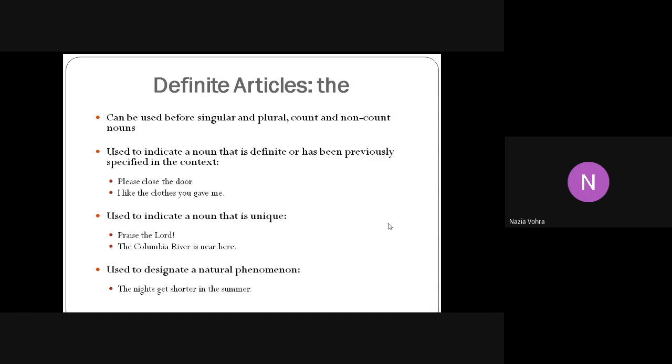Guys, what do you mean by flood? Natural disaster. Yes, correct. It's called a natural disaster. So it's a natural phenomenon. Clear? The wind is blowing so hard. So wind is blowing. Clear?